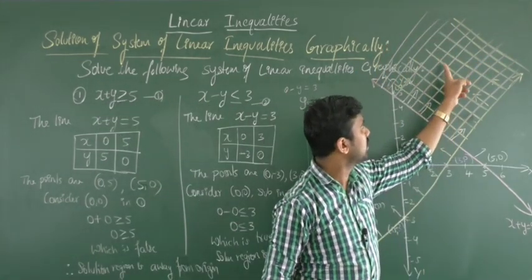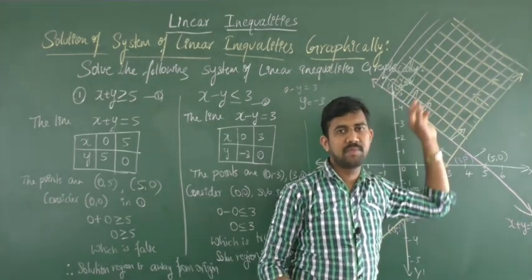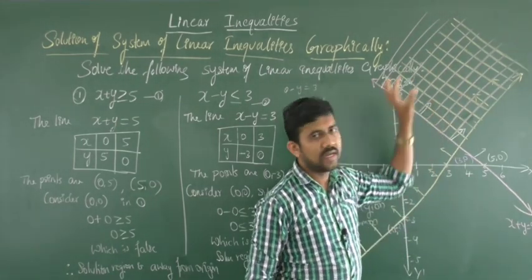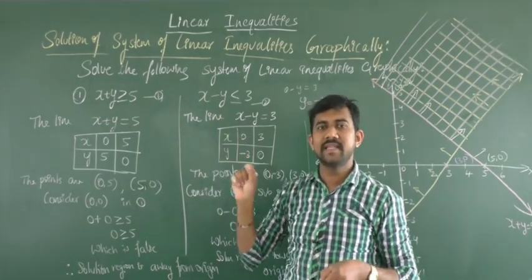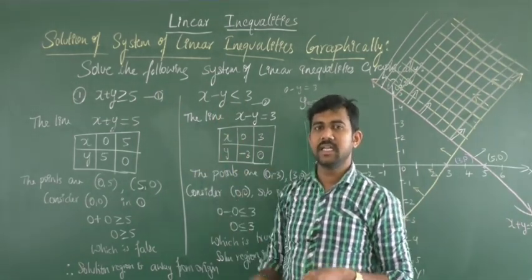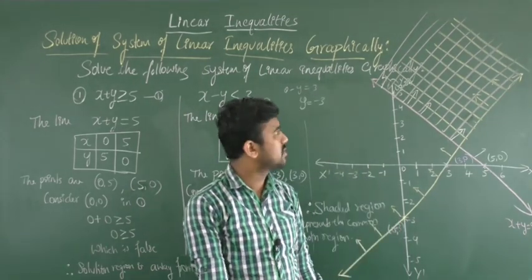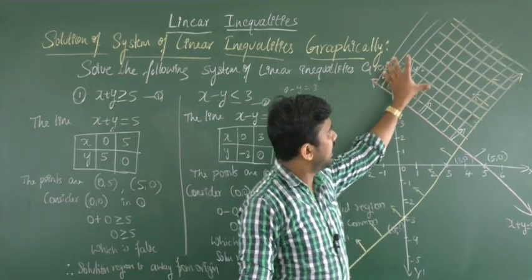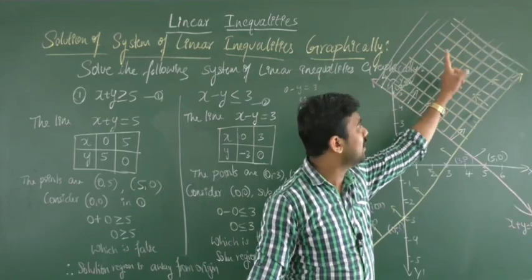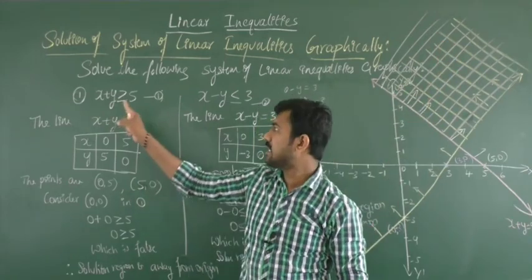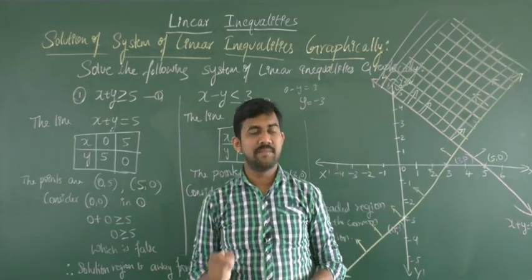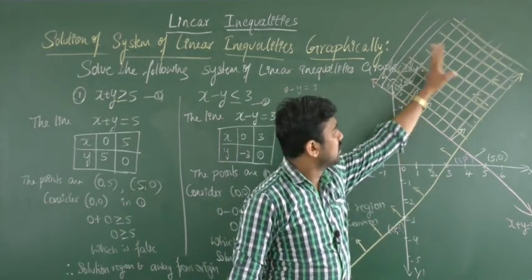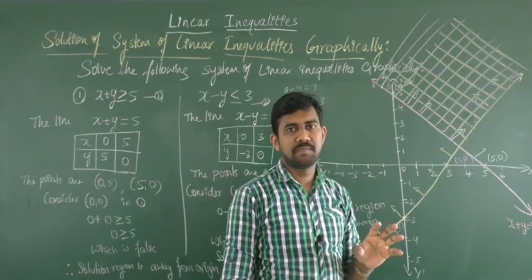If you consider any point in this region and substitute it in any one or both of the inequations, clearly that point satisfies both inequations. That is the fact here. If you consider any point in this region, those points will satisfy not only one, but both inequations. So clearly this is the common solution region.